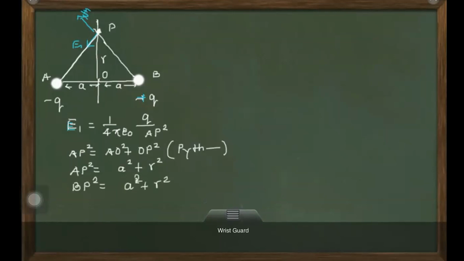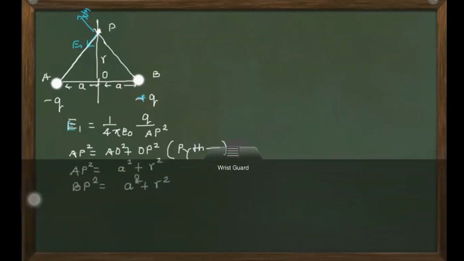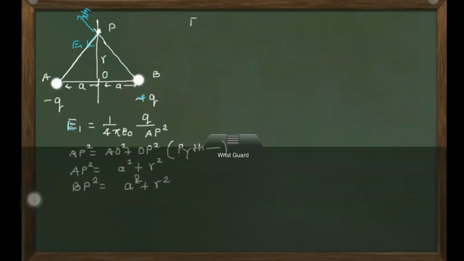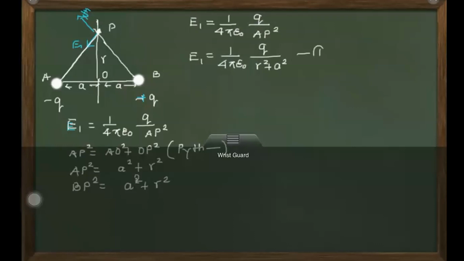So when we calculate E1, E1 is equal to 1 by 4 pi epsilon naught and then Q divided by AP square, which can be written as 1 by 4 pi epsilon naught Q divided by R square plus A square. Say this is equation number 1.